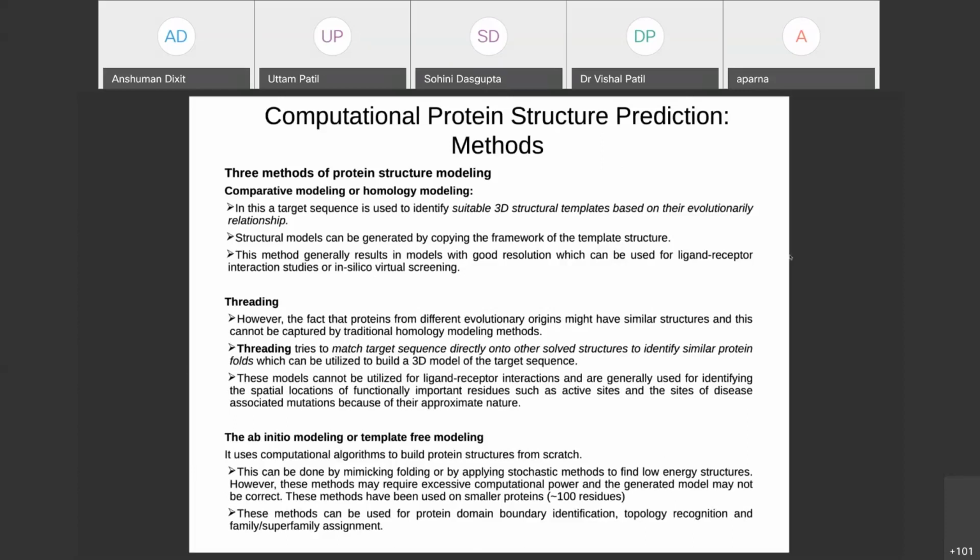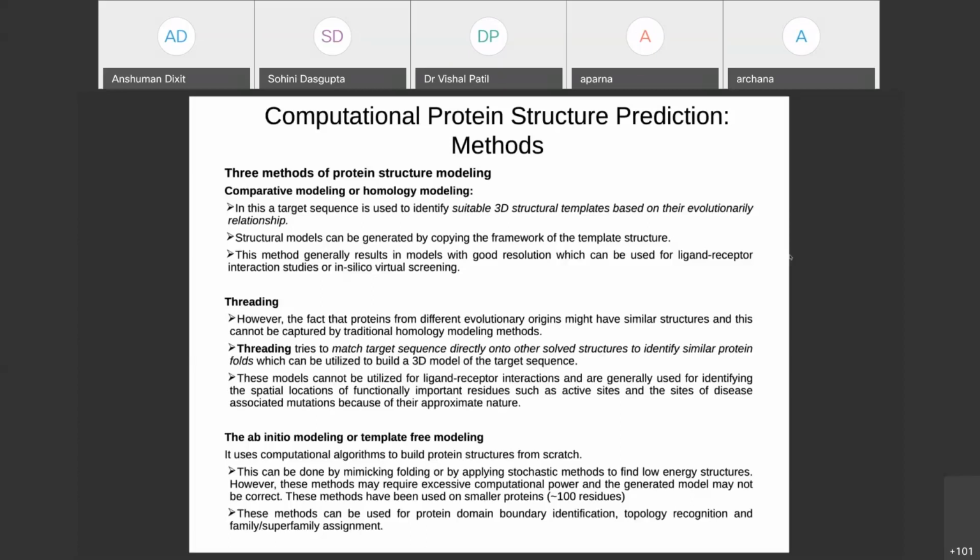So the first one is called comparative modeling, or homology modeling. In this, the target sequence is used to identify a suitable 3D structural template based on their evolutionary relationship. Structural models can be generated by copying the framework.